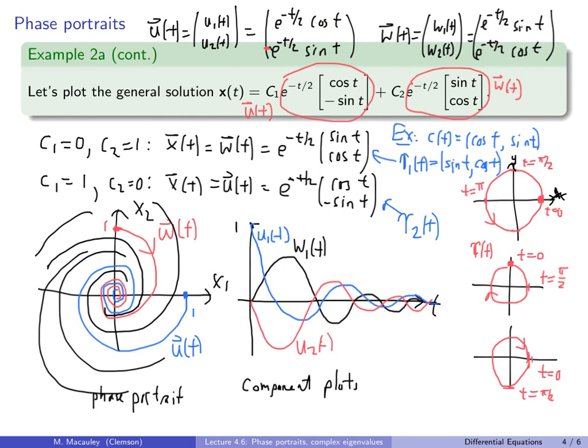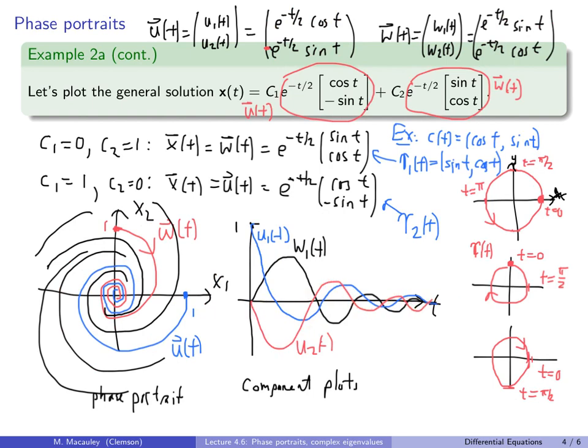So u1 starts positive, becomes negative, and positive. Similarly, the u2 value measures how far we are above or below the x1 axis. So that starts negative, becomes positive, becomes negative, and so forth.